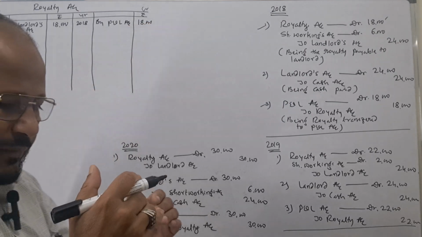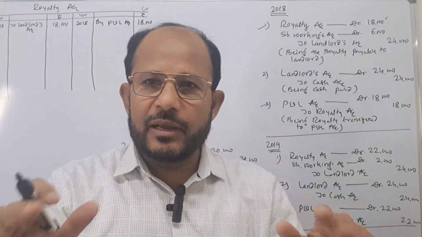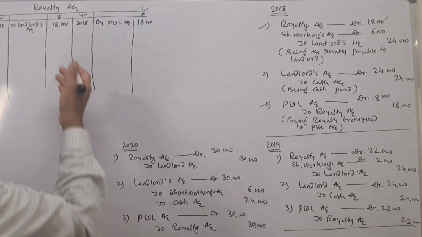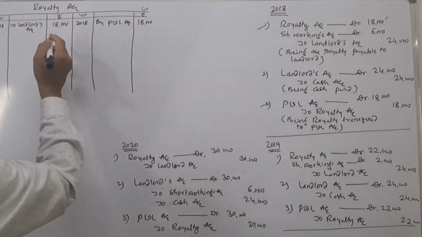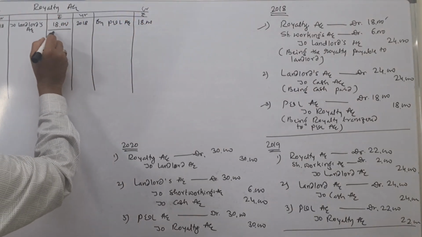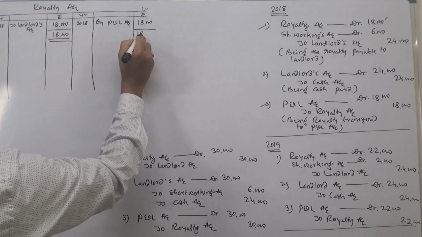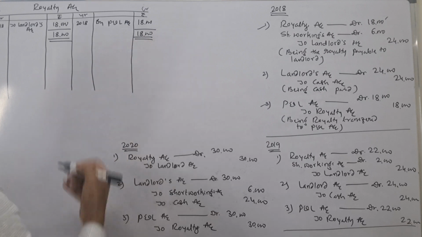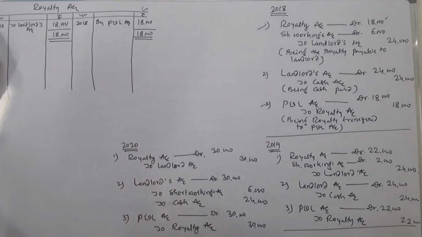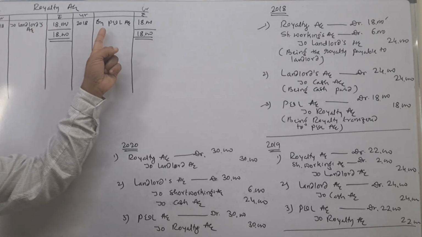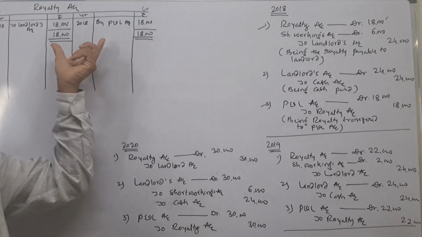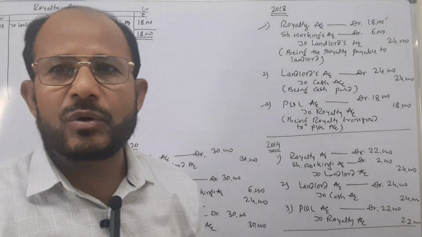Just you see the actual royalty column in the table which we prepared, and with the help of that you can easily enter the entries here. 18,000 and 18,000. See, in the first year, actual amount of royalty is rupees 18,000. When we transfer it to profit and loss account, this royalty account gets closed.